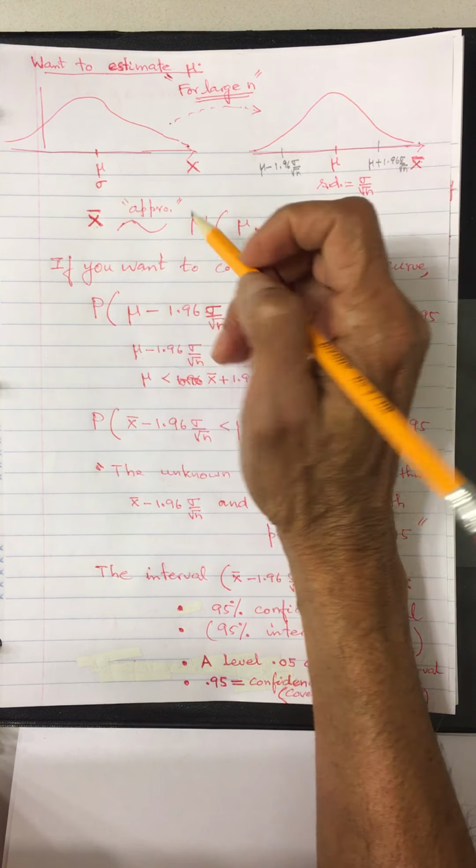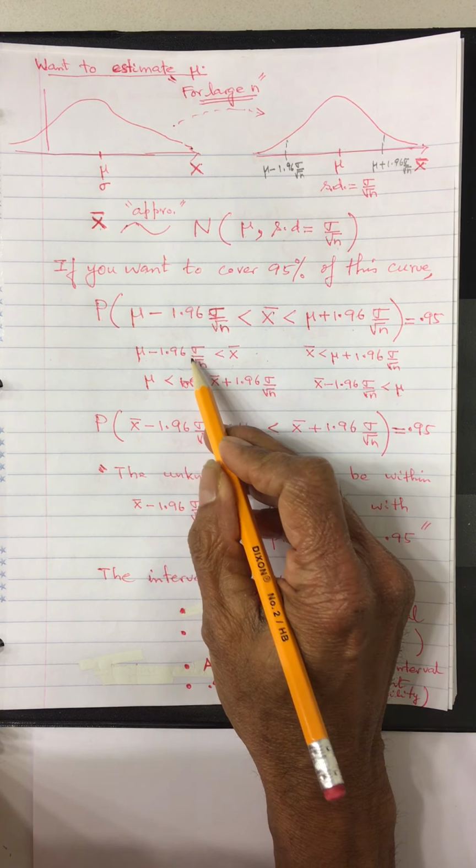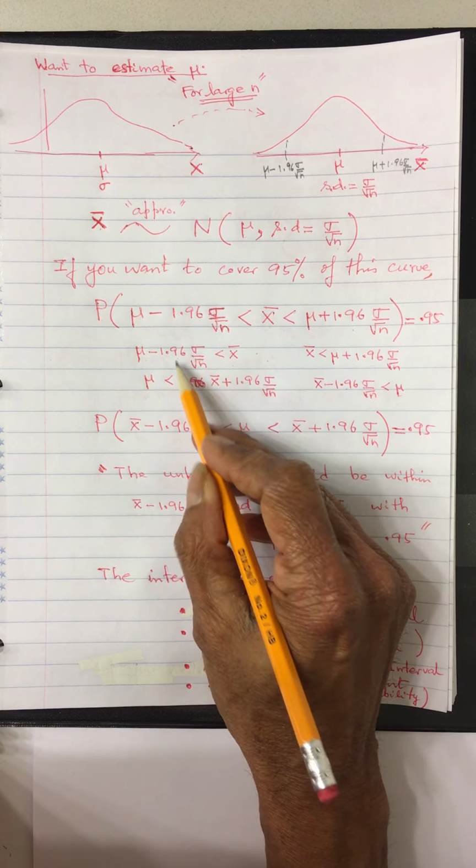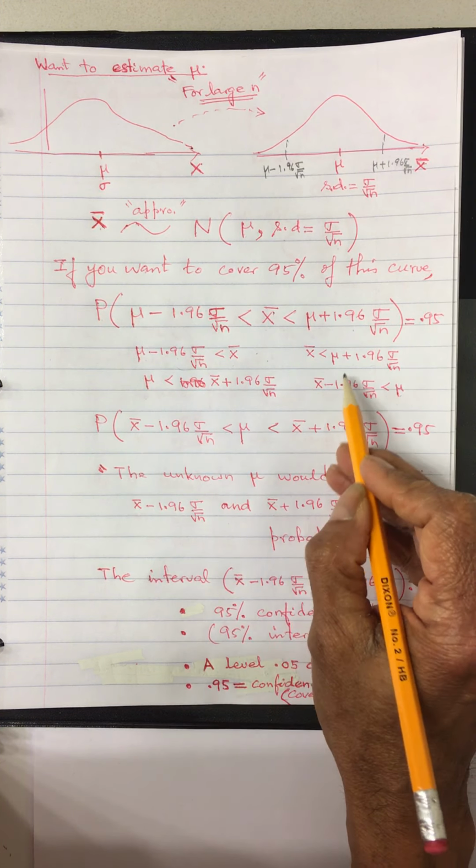This inequality I'm writing here. Here I'm going to put this part onto the other side, so mu plus that. The same way over here, I'm going to put this part on this side, so x bar minus that is that. Now this inequality is exactly the same as that. I did not do anything.